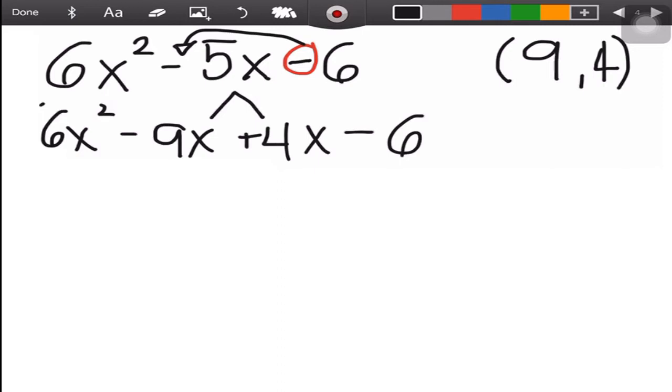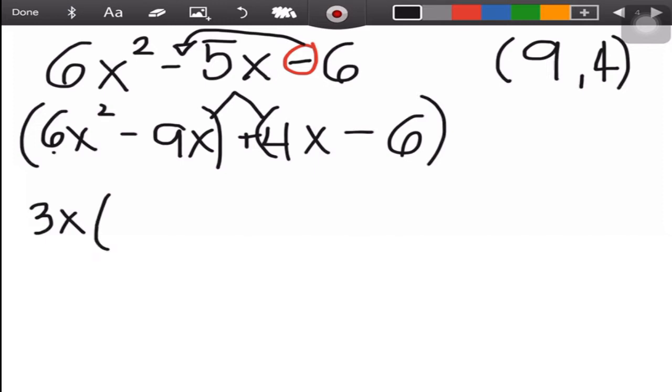We will group the first and the second term, and then the third and the fourth term. So what number can divide 6 and 9? So 6 and 9 can be divided by 3. And then x squared and x. So our common factor here is x, because x has lower exponent than x squared.